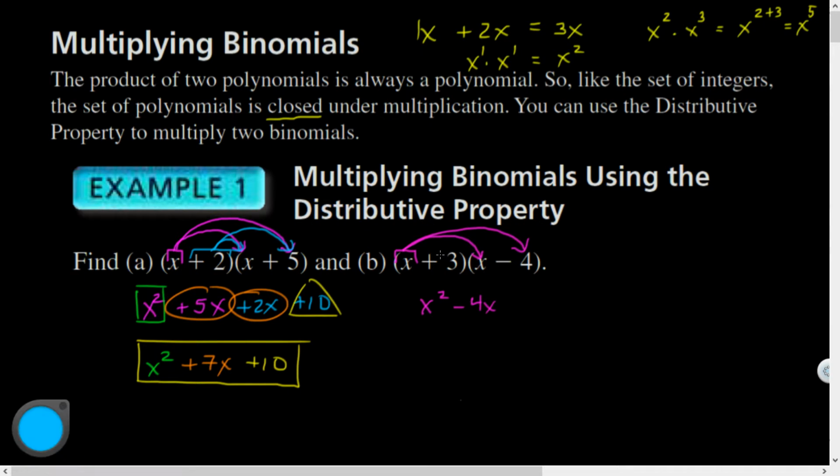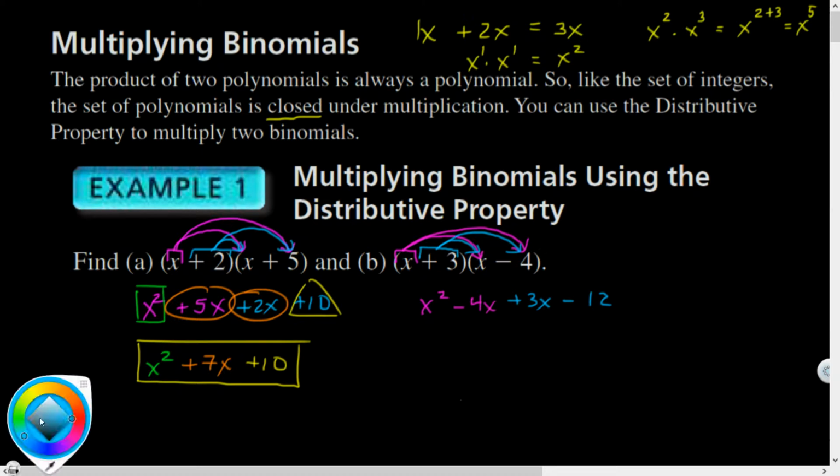And now I've also got to pass out this delicious 3 for everyone to enjoy. So 3 times x is plus 3x. And 3 times negative 4, negative 12. Positive times a negative is a negative. And now once I'm done multiplying, I want to combine like terms like we did in the previous lesson.